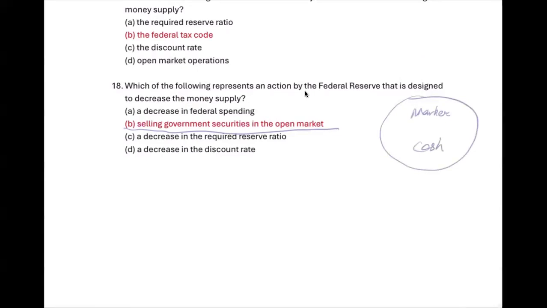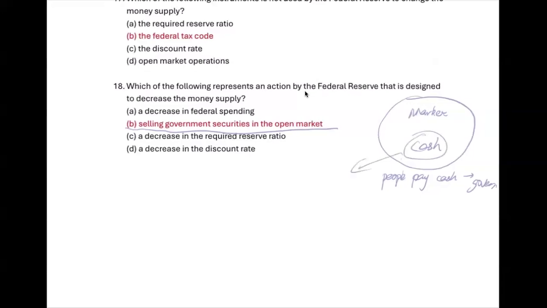Selling government securities in the open market means that people need to pay cash to the government to purchase these government securities, right? So the cash will flow out. So it will decrease the money supply. So actually, option B is an important tool to decrease the money supply, and I think you can learn it from your textbook, right? Okay.